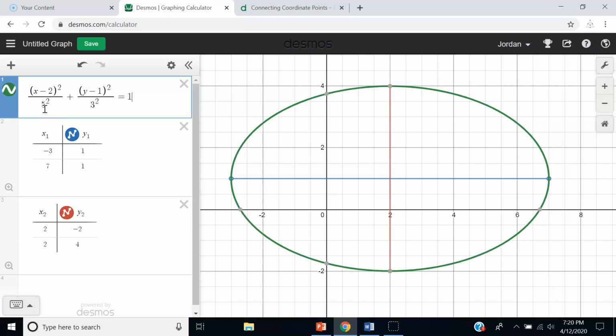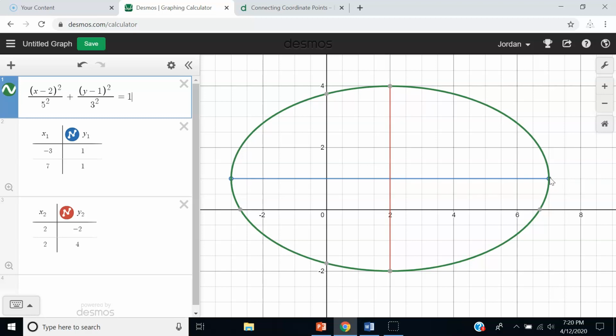So because 5 is bigger than 3, that's what we're going to call our major axis. It's the one that goes the length left and right because it is underneath the x part. And we call it the major axis quite simply because it's longer.